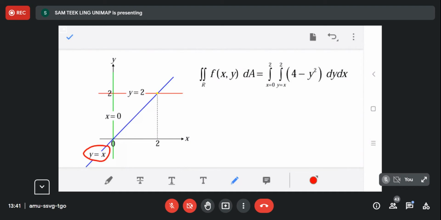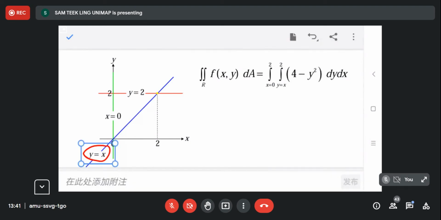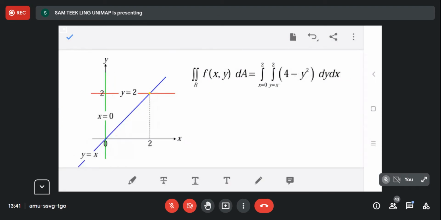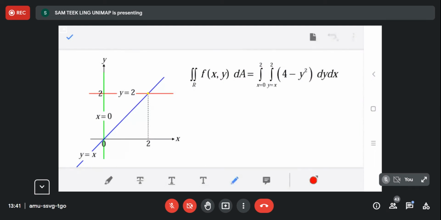So now, how to integrate? The first one given is dy dx. The question gives you f already, so you only copy it.